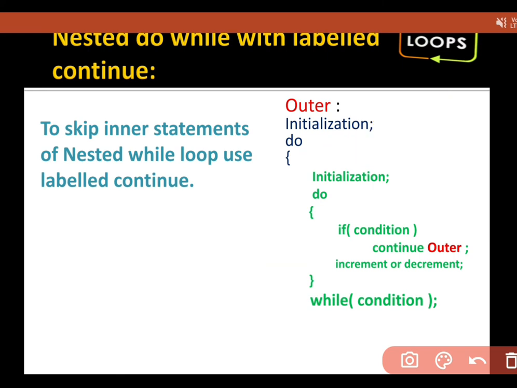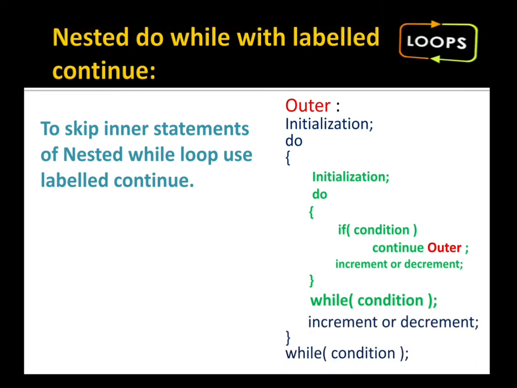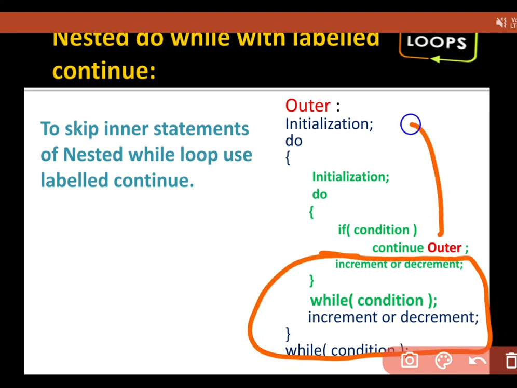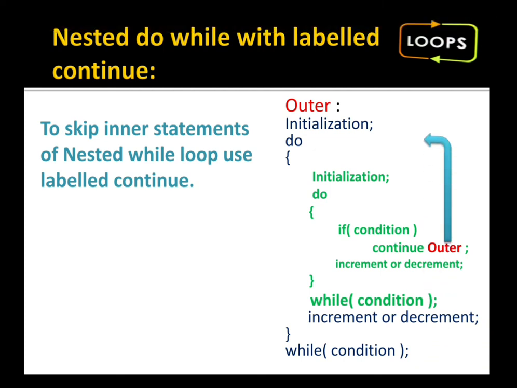Whatever is written after continue will be skipped. All this part will be skipped and it moves directly towards do. See, in this way we can have our continue outer. If you want to skip a few lines, you can go for continue outer.